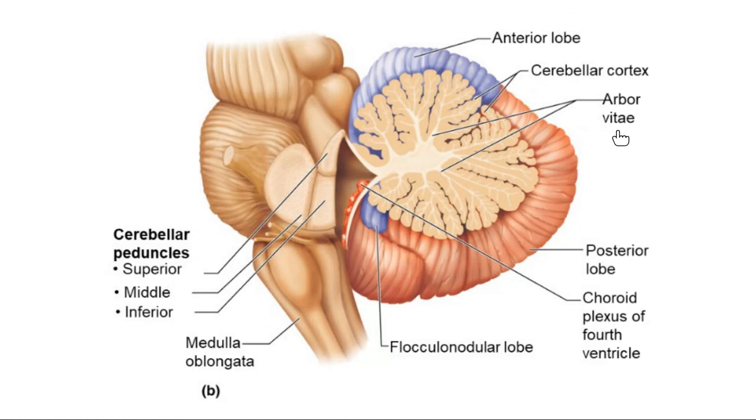When we were talking about this in lab, the gray matter of the cerebellum is called folia, which means leaves. All of these little bumps here on the cerebellum are called the folia, and they're attached to the tree of life, leaves on the tree of life.